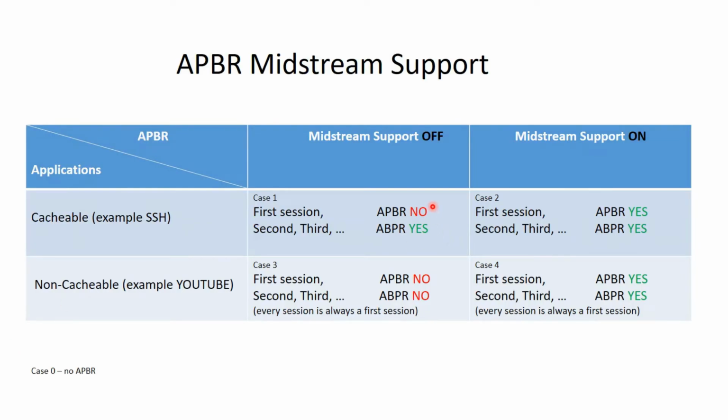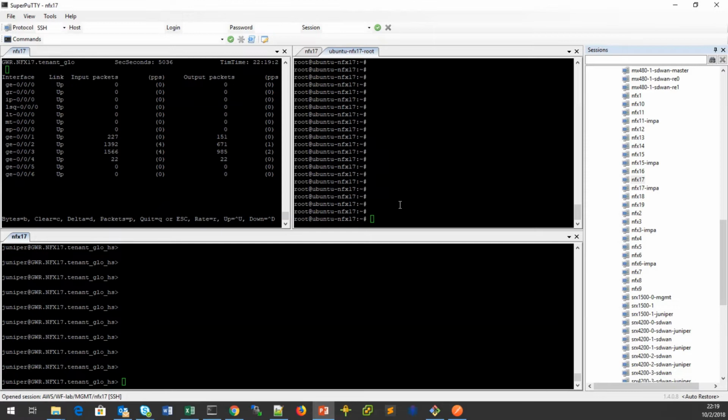So in our diagram for APBR midstream support, we are here in this first quadrant where we have midstream support switched off, advanced policy-based routing applied, and we are looking at a cacheable application, which is in our case SSH. Also, what is important here is that we distinguish between a first session and subsequent sessions. We are going to see the reason for this. Okay, back to our screen.